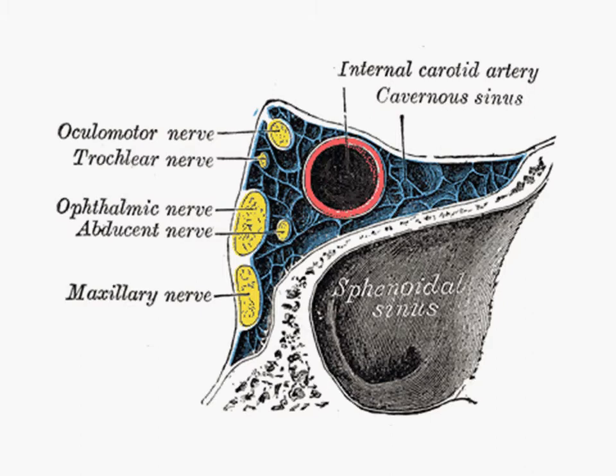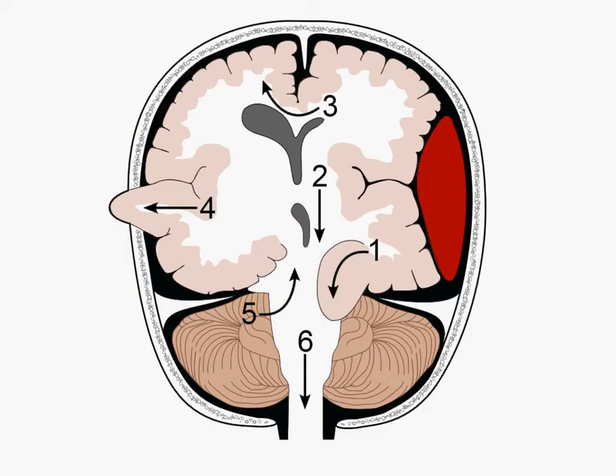So if there is compression from an aneurysm, or let's say there's a bleed in the brain and it's causing compression, then the pupil may increase in size first before there is deviation downwards and outwards of the eye. Okay, so that's an aneurysm.